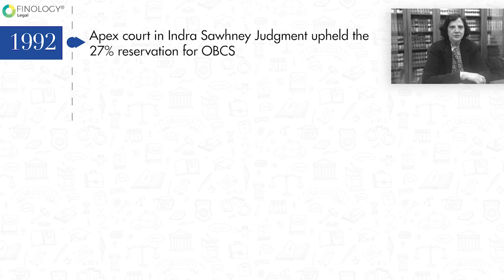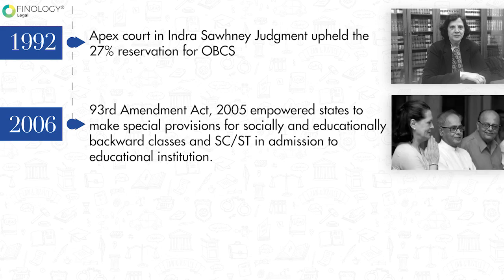After that, we move on to the year 2006, where the 93rd Amendment Act came into effect, empowering the state to make special provisions for socially and educationally backward classes and SCs, STs in admission to educational institutions.